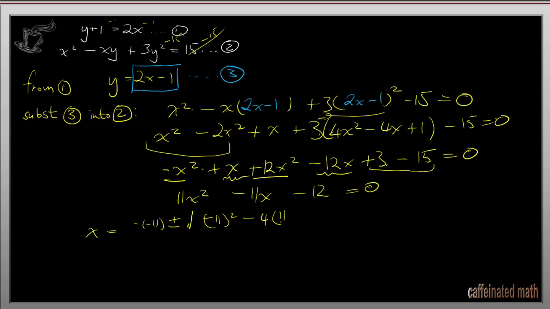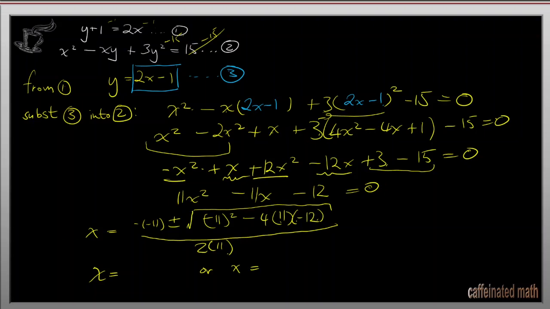Our a value is 11 and our c value is negative 12, because that's b squared minus 4ac under this radical, and that's all over 2 times 11, which means x is equal to something, or x is equal to something else. With the magic of editing, we'll have the answer now. A few moments later.